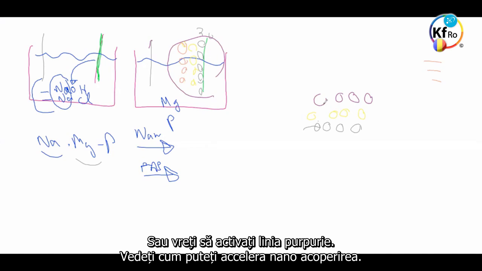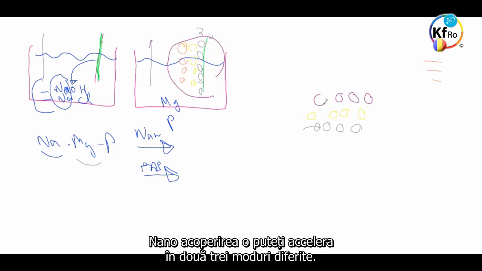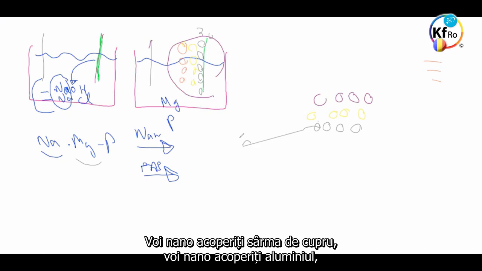See how you can speed up your nano coating. Nano coating you can speed up in 2 or 3 different ways. You nano coat a copper wire. You nano coat an aluminium.